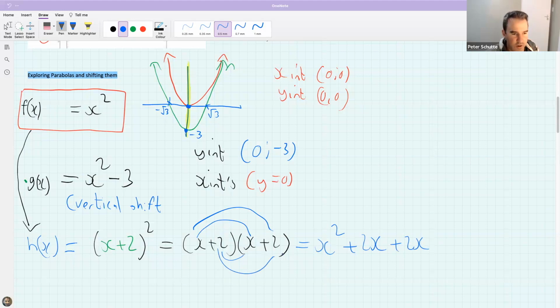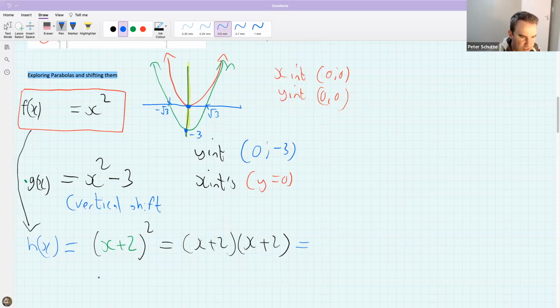oh, but actually, you know what? If we think about it, we don't even have to multiply it out further, because shouldn't we just make the whole thing equal to 0? If we want to find the x-intercept, we just make y naught.